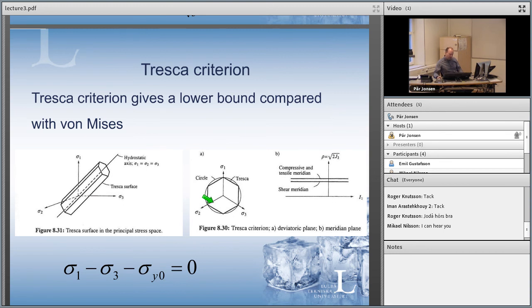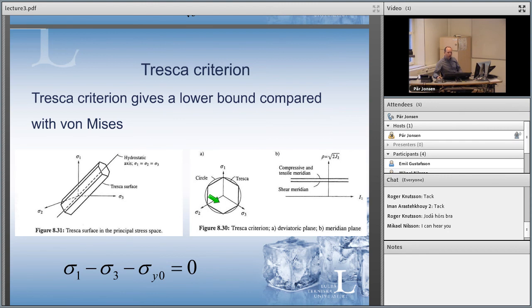And then you have the Tresca model, where you have straight lines. And here we can see that if you look at the tensile meridian and the compressive one, it will be the same value. But the difference will be in shearing when you are in between here. Then you will have a lower strength of your material.